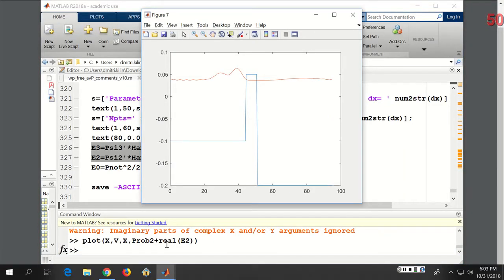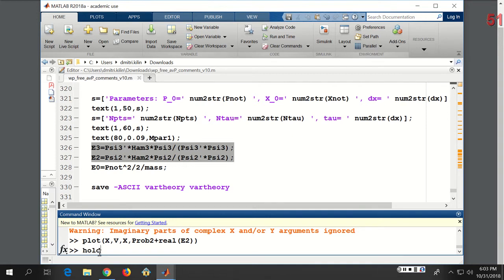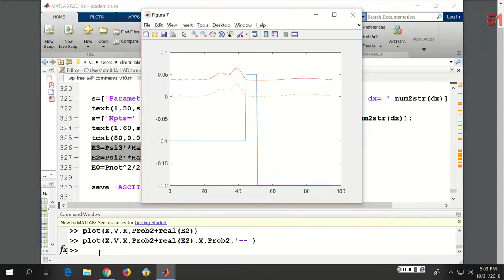See, it becomes a little higher compared to what it was before. Let's maybe double check.